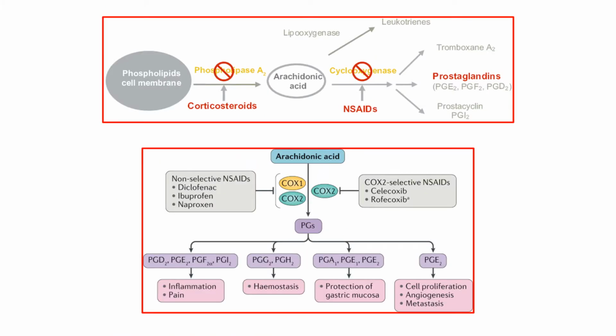The other therapies that are used will be discussed later, but let's come back to the symptomatic management of rheumatoid arthritis, that being corticosteroids and NSAIDs. You see over here, corticosteroids inhibit phospholipase A2 and NSAIDs inhibit COX-1 and COX-2 enzymes, which in turn decrease inflammation and pain, and therefore is a great symptomatic relief.